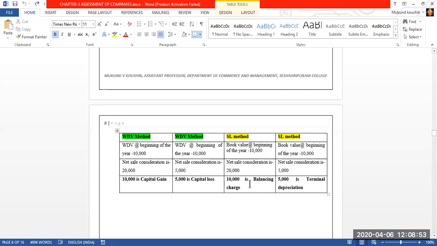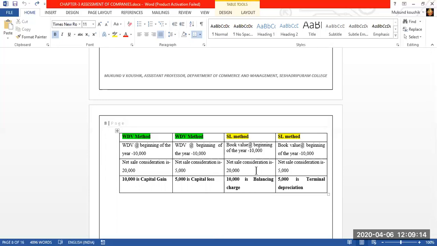Now, in case of power generating units, on certain classes of assets you have to apply the SLM method, or straight line method, of depreciation. Let us assume the book value at the beginning of the year of a particular asset is 10,000 and we have sold it for 20,000. That means in this case also we are making a profit of 10,000.